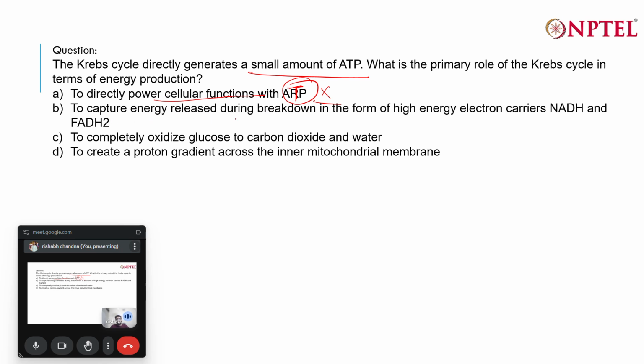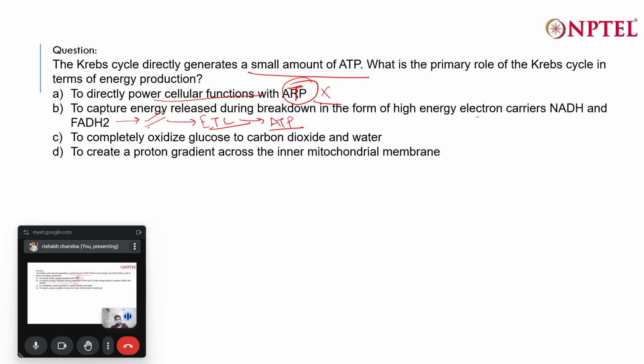Then, to capture energy released during the breakdown in the form of high energy electron carriers NADH and FADH2. Yes. After the Krebs cycle is performed, FADH2 and NADH are formed and they move to the ETC for the production of ATP.